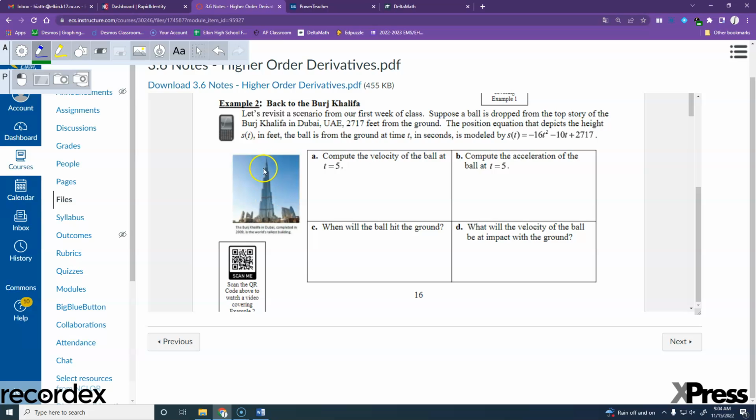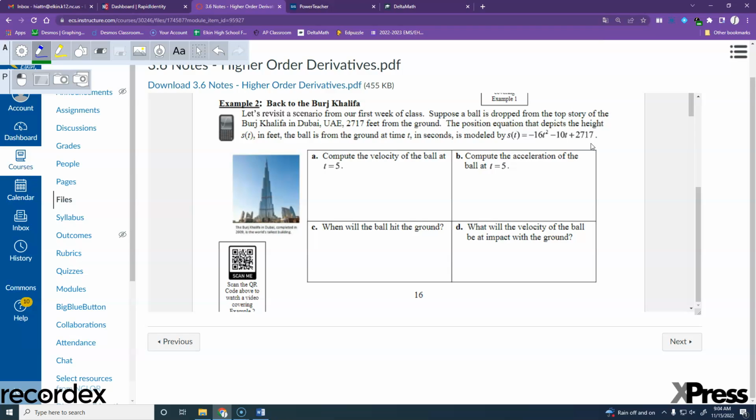Still the tallest building in Dubai. It's huge. And it is 2,717 feet tall. And we are given a position equation that depicts the height in feet the ball is from the ground at time t in seconds, and it is modeled by this equation.